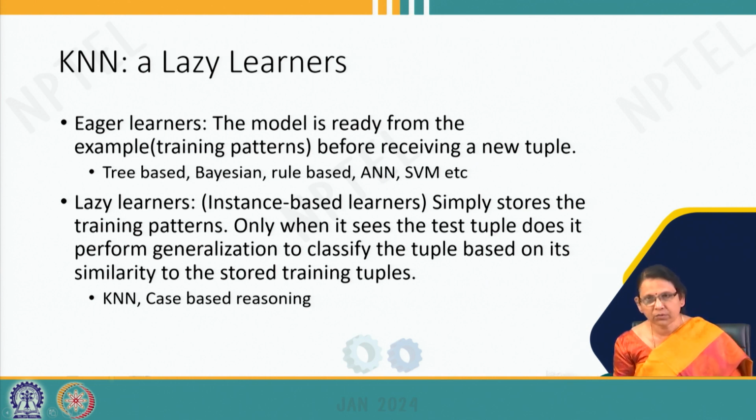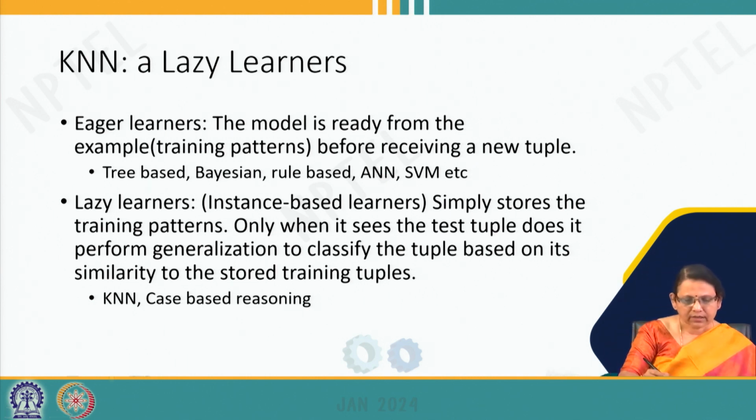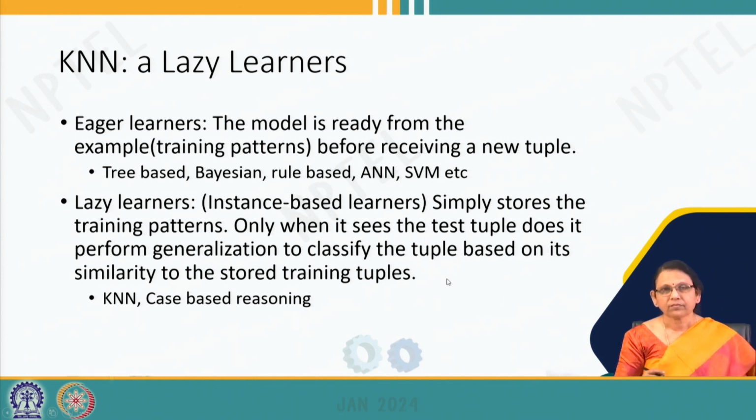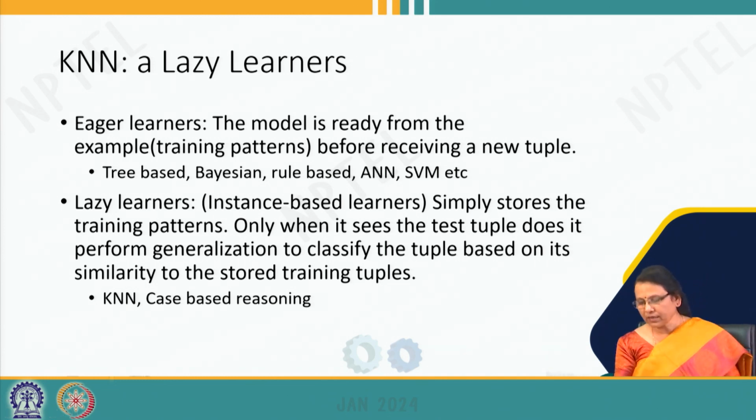Online, if you are trying to compare them and recommend on an e-commerce site, people will not wait for how long you are going to take. So, you simply keep these training patterns and do nothing, no training as such. At the time of classification only, you have to use some distance measure and compare.